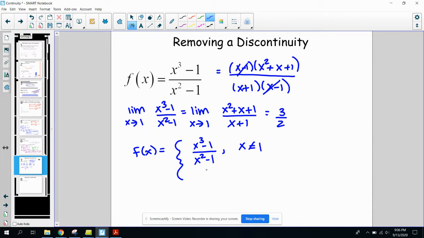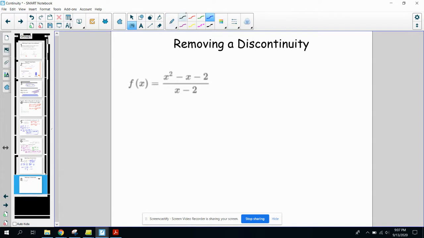And then the new function we got, we're going to use 3 halves as the function. And that's only going to be at the exact point when x equals 1, because we're redefining it, right? So when I plug in 1 now, I get 3 halves as my value instead of having a hole. So by breaking it into this piecewise function, I can fill in that hole and I can remove the discontinuity.